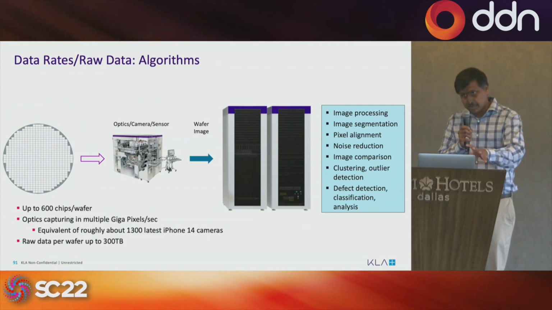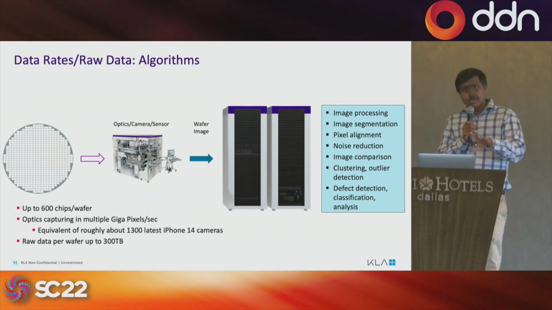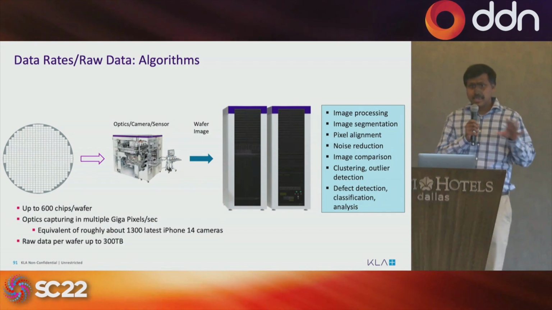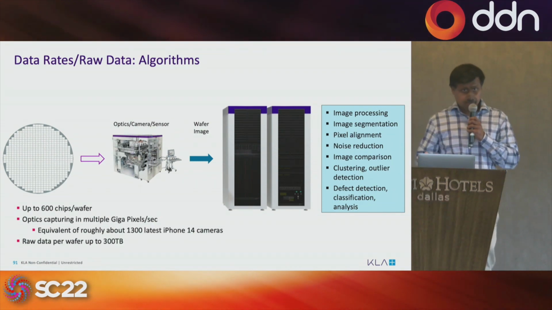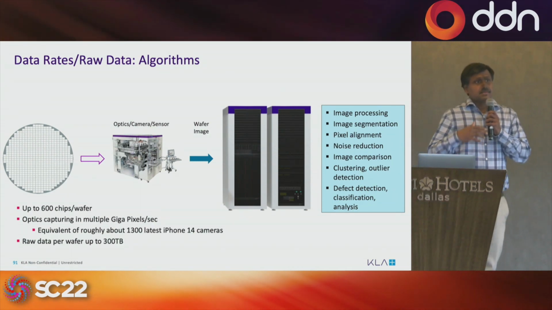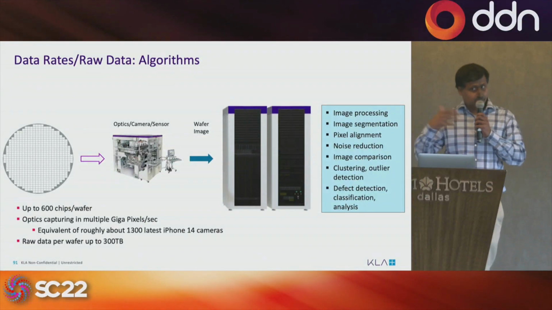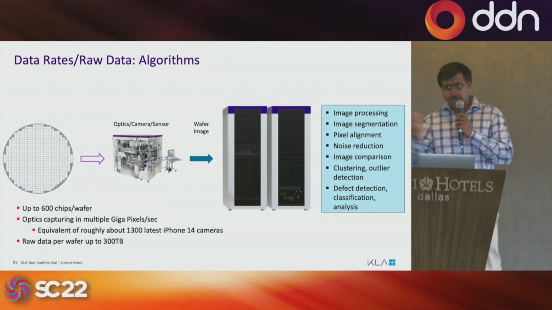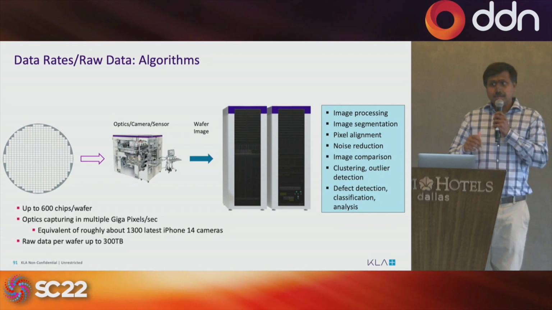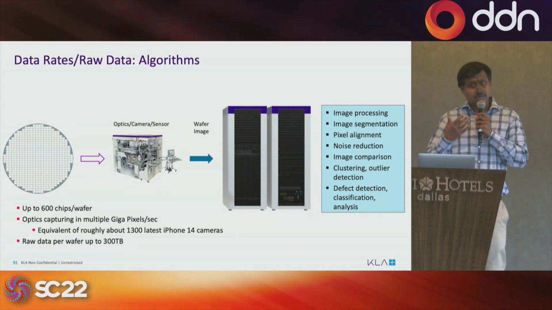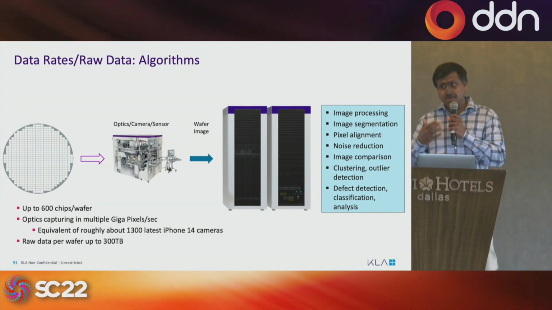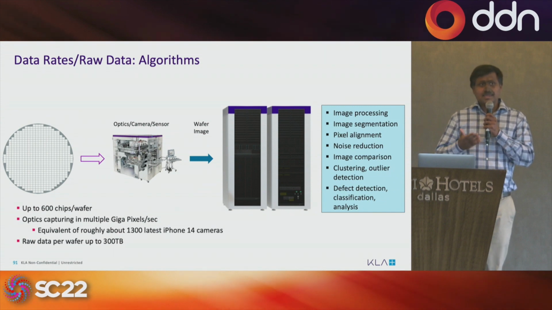So each wafer, as I said, our goal is to process within an hour, can add up to 300 terabytes of data. Data rate is not heavy compared to many other numbers we have seen in these slides, but data volume is humongous. It's really, really high.